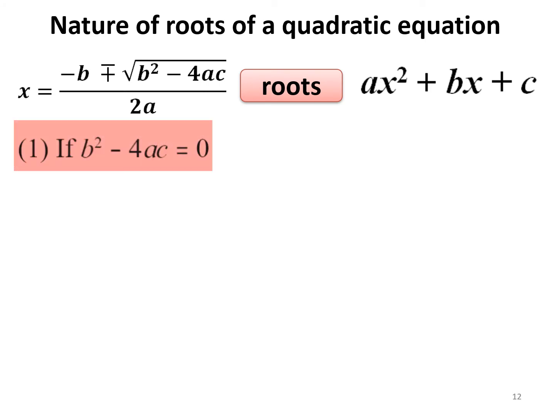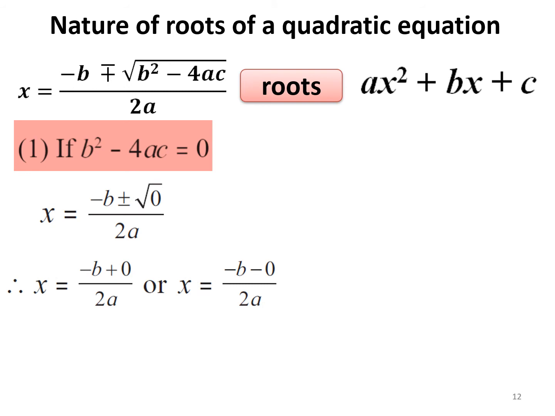Now the first condition, if the value of b square minus 4ac is equal to 0. So when I get b square minus 4ac is equal to 0, my equation will be x is equal to minus b plus or minus under root 0 upon 2a.